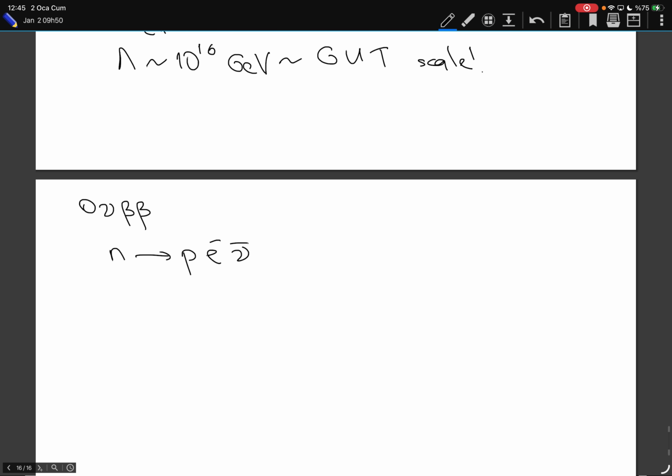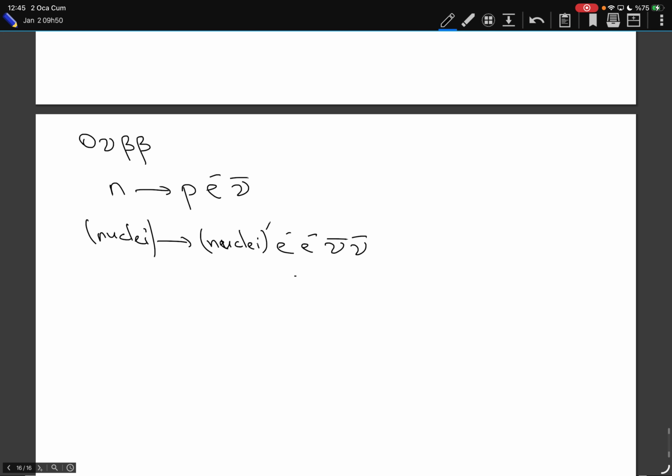We know that there are other nuclei which transform, emitting 2 electrons and 2 antineutrinos.